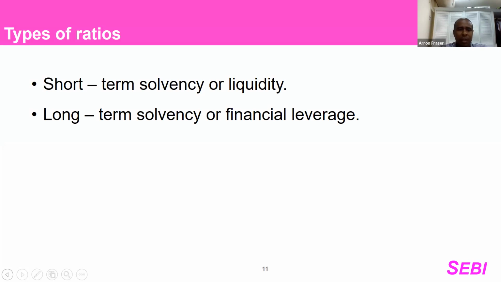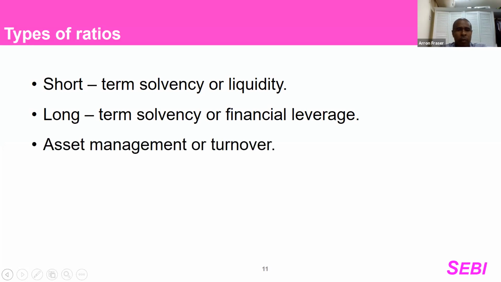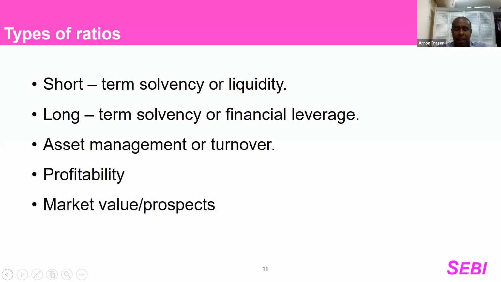Short-term, you would imagine, is 0 to 12 months. Long-term is 12 months and over. Then there are asset management or turnover ratios, profitability ratios, and market value or market prospects ratios. These five categories or types of ratios are highlighted here.